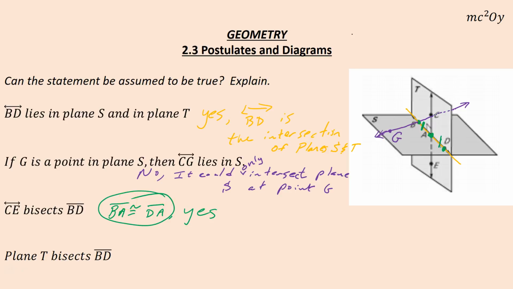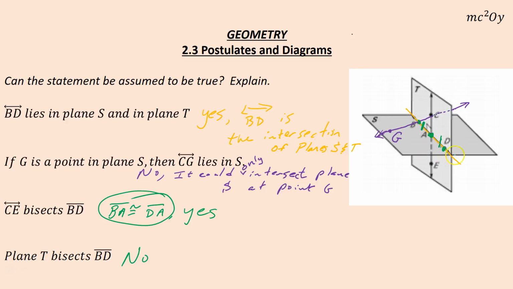Okay. And then plane T bisects BD. So we got plane T, and it bisects BD. Now, a plane is not going to bisect BD. It goes through BD, but it doesn't necessarily bisect it. So no, that is not the case there. In fact, BD lies on plane T, and since it's lying on plane T, the whole line lies on it.